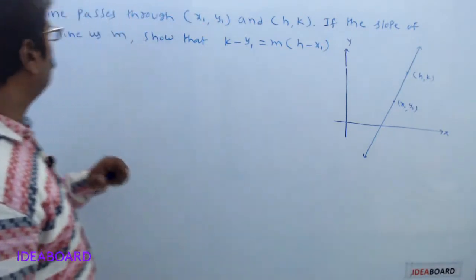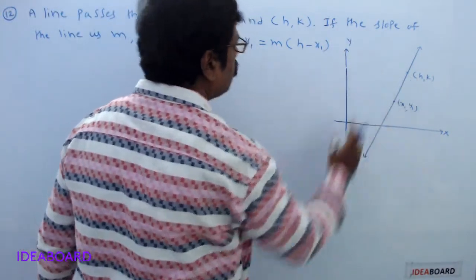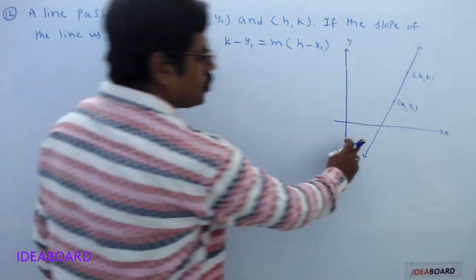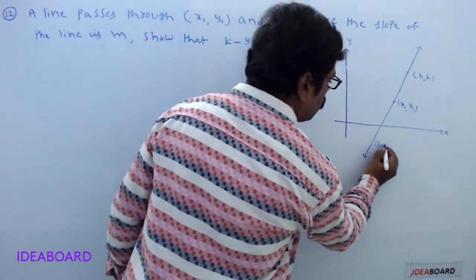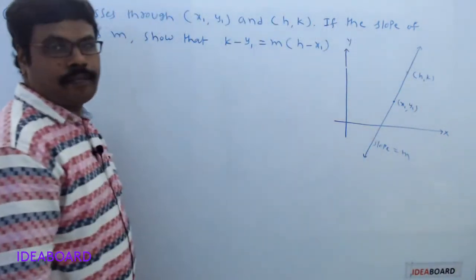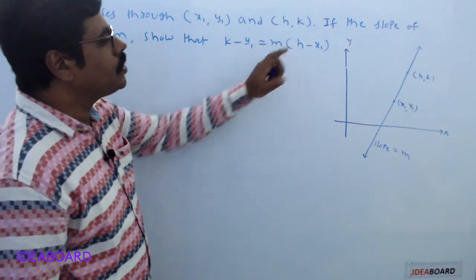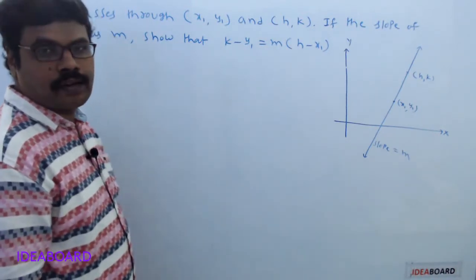What is your given data? A line passing through the points x1, y1 and h, k. Slope of this line is given as m. Show that k minus y1 equals m into h minus x1.